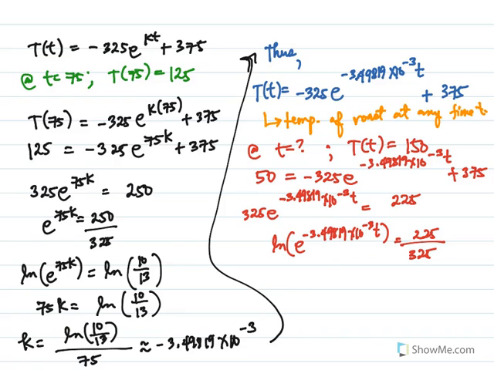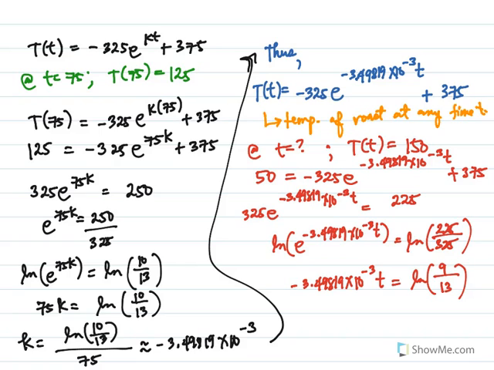So, we will be left with negative 3.49819 times 10 to the negative 3 t equals, naka-ln na pala to dapat, dahil in-ln na natin siya both sides. So, ln na rin to dapat si 225 over 325. So, ln of, pwede kong ilagay yan as 9 over 13.